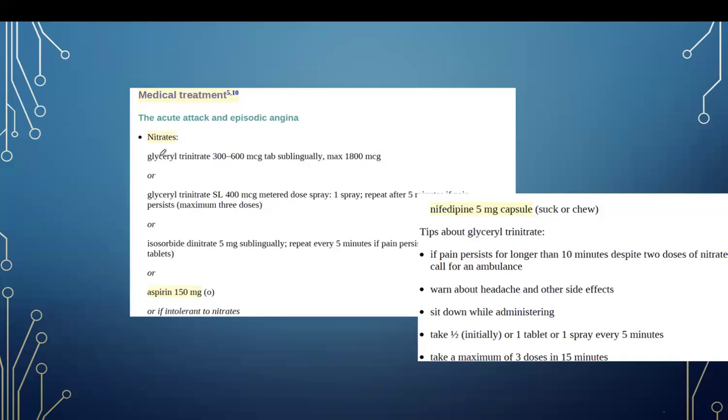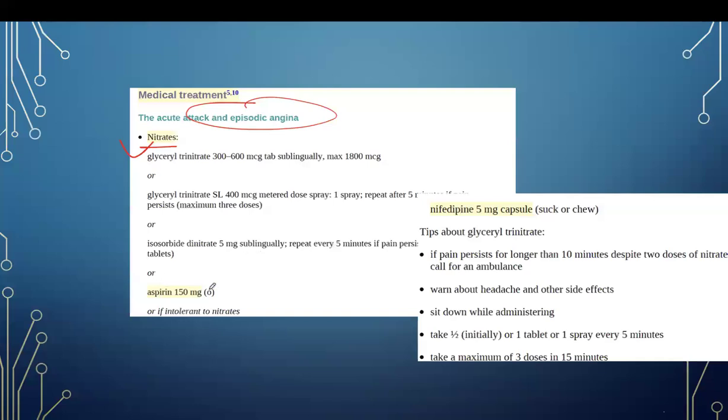So what is the treatment? If we want to treat a patient who has angina, the treatment of choice is nitrate. Nitrate can dilate the coronary artery. So whenever their artery gets a bit of spasm or blocked, especially when they exercise, nitrate can open up the coronary artery. So any nitrate, glyceryl trinitrate, tablet, spray, any of the nitrates will be the first line treatment.